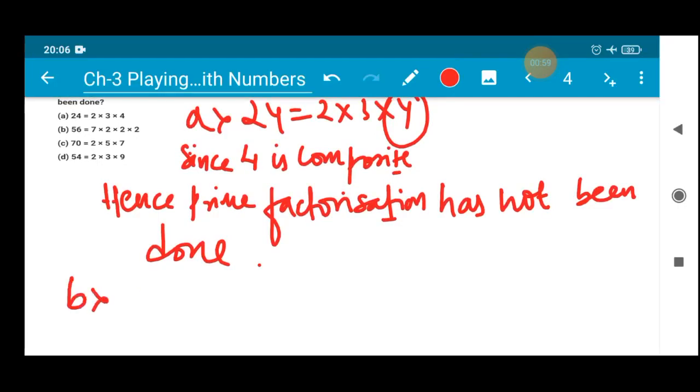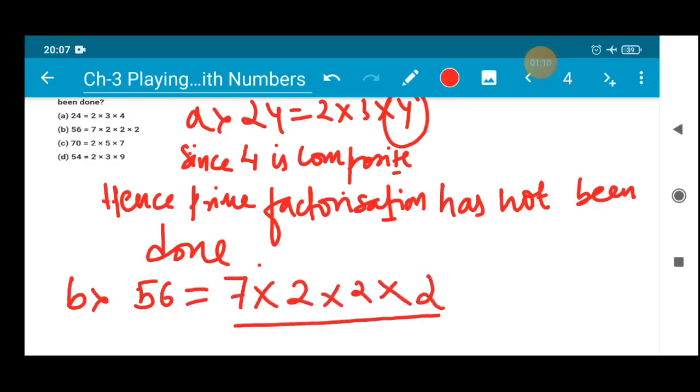Moving to the next, number B: 56. We have to check whether it is expressed in prime form. 7 into 2 into 2 into 2. You can see every number here is in its prime form, right?